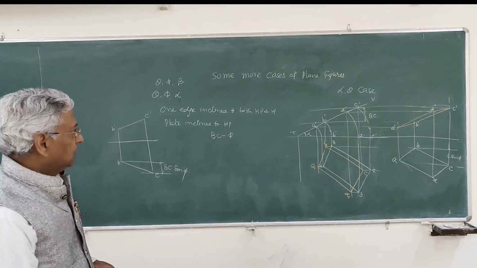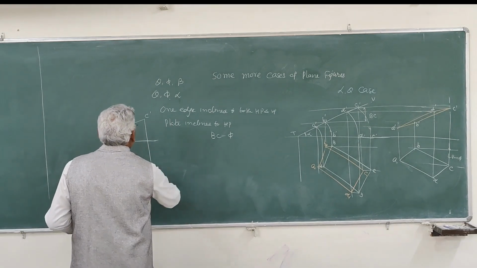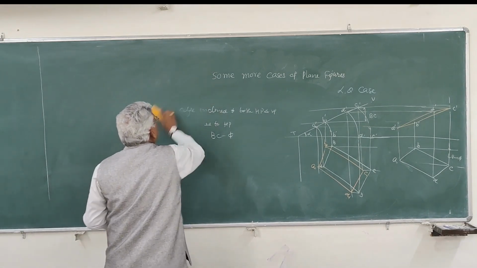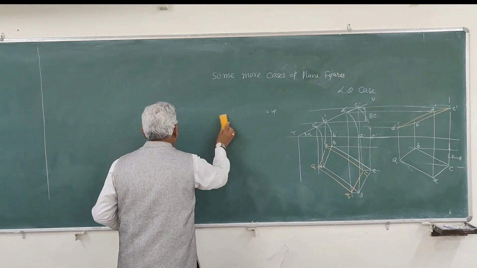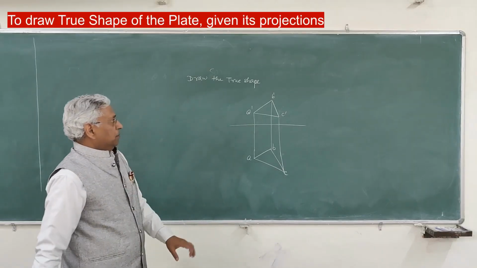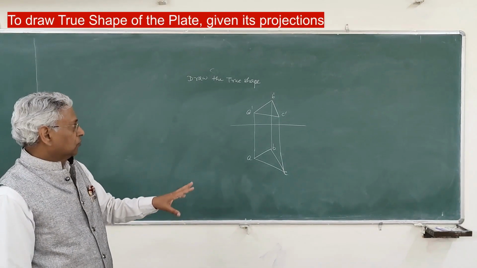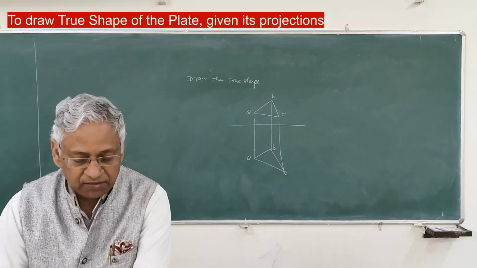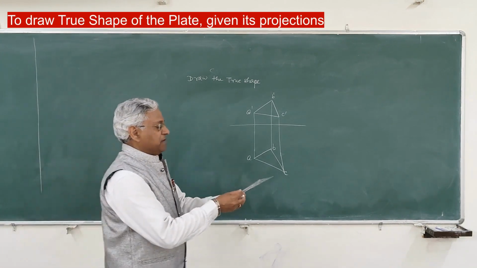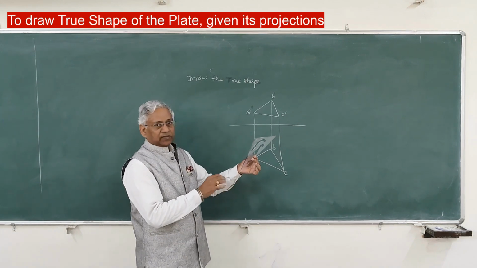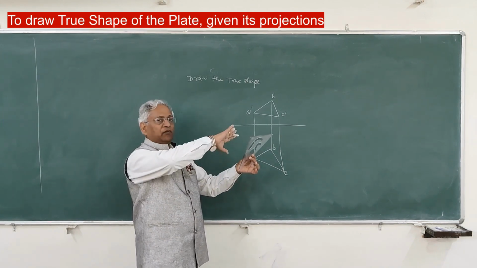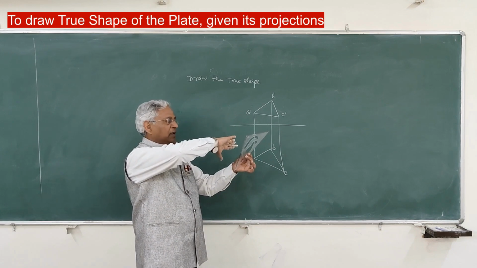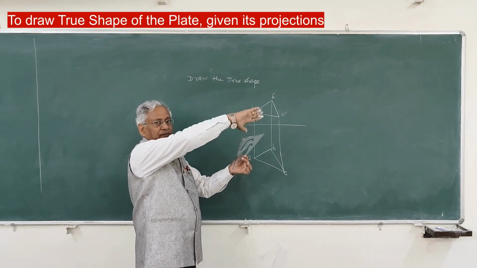When the projections are known, how to determine the true shape of the plate? Projections are known. The question is to draw the true shape of this plate. Now let us say you have a plate ABC which is inclined to both the reference planes. The true shape of the plate will be reflected on a plane which is parallel to this plate.